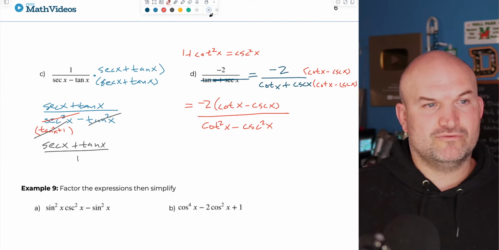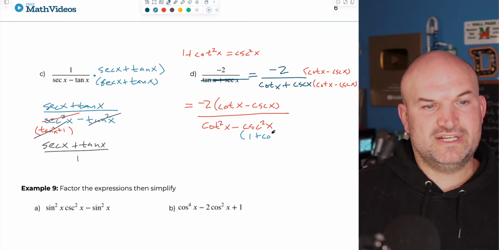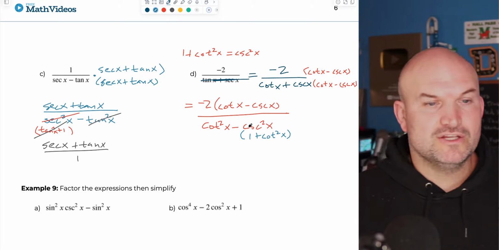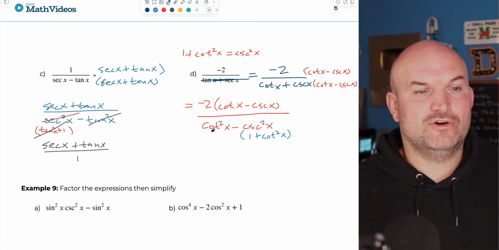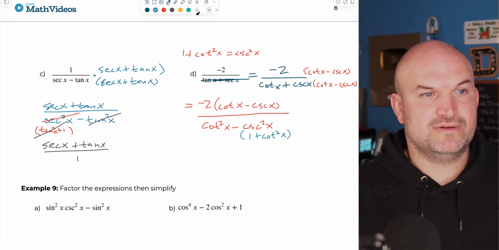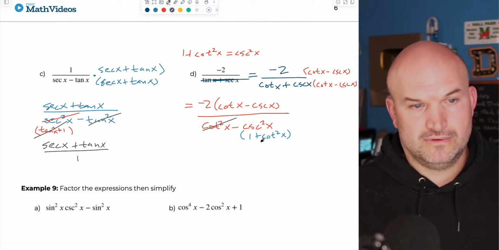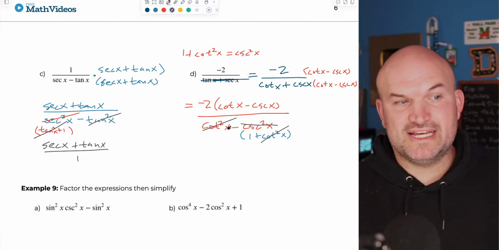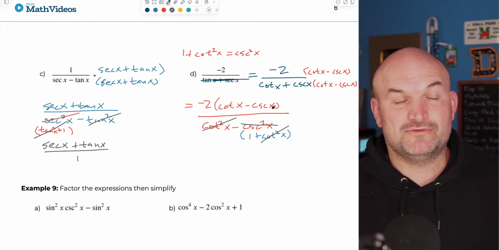So I can rewrite this as 1 plus a cotangent squared of x. There you go. Okay, so now my cotangents are going to subtract out, and I'm going to be left with a -1.